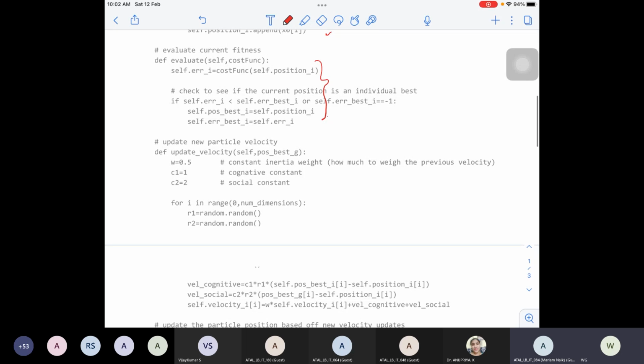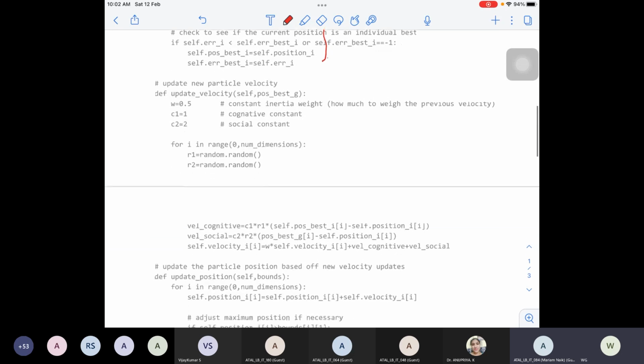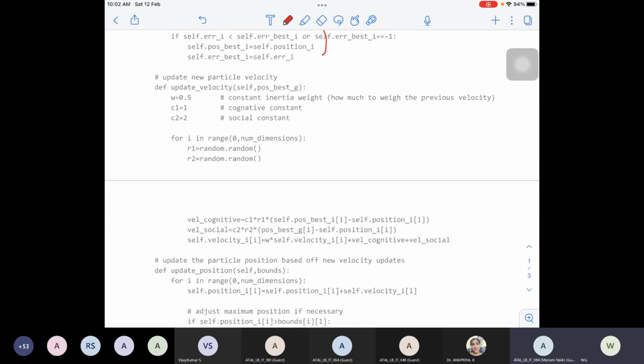Then after checking the fitness, we require to update the velocity. As I already told you, the velocity function is a function of three terms.